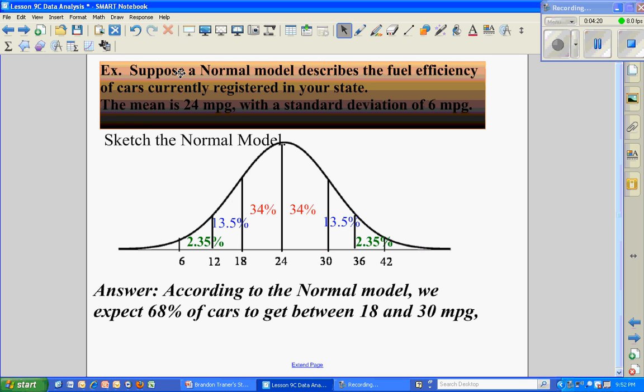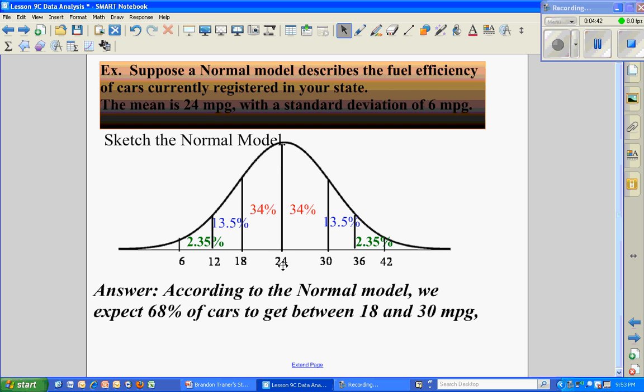Okay, so suppose a normal model, so it has to state that it's normal in the problem, describes the fuel efficiency of a car currently registered in your state. So the mean fuel efficiency of the car is 24 miles per gallon, and it has a standard deviation of 6 miles per gallon.